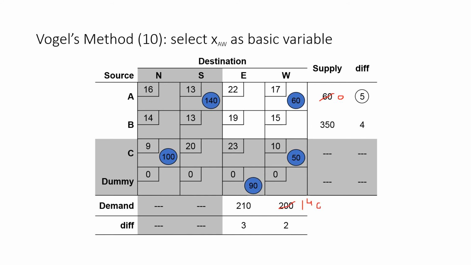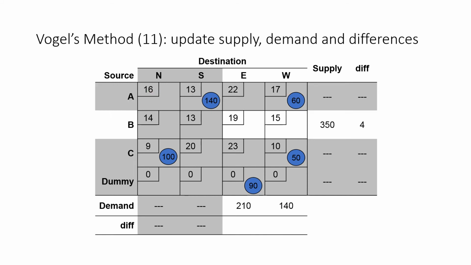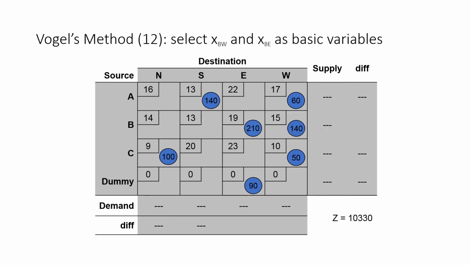But it allows me to get rid of this row now. And then what's left here is those. We can take the smallest, 15, allocate as much as possible to it, and the algorithm is done. The cost of that allocation or transportation plan is 10,330, which should be smaller than the first two calculated ones.